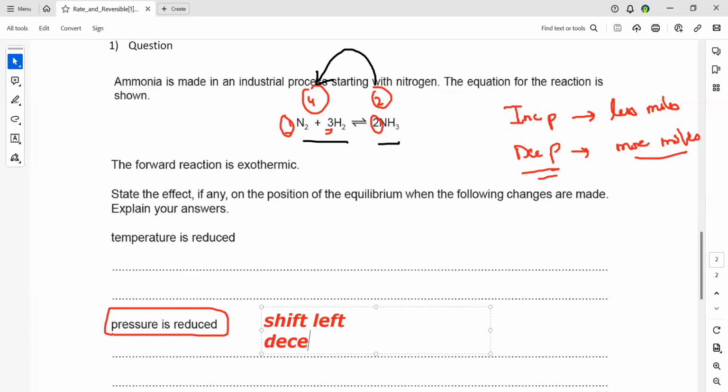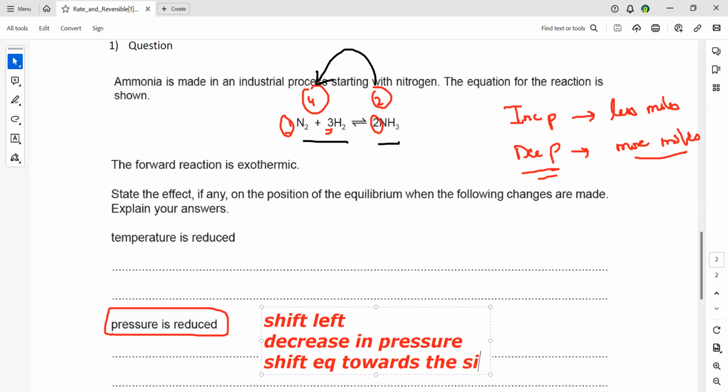Because the change here is a decrease in pressure, it shifts the equilibrium towards the side of more moles. So that is how the pressure affects the equilibrium.